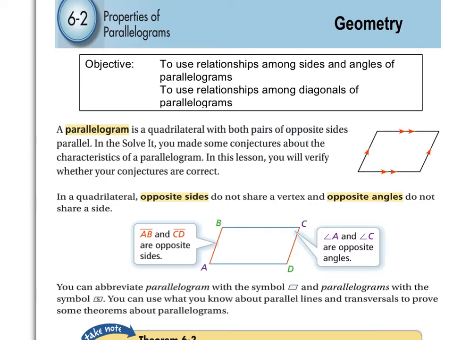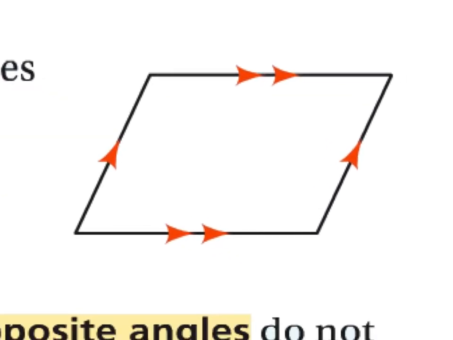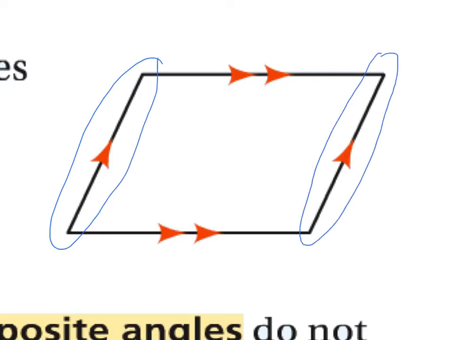Now, in a quadrilateral, opposite sides do not share a vertex and opposite angles do not share a side. As you look at this example here, again, opposite sides do not share a vertex. If I circle these here, these are opposite sides. In other words, they do not intersect. They don't share a common point.